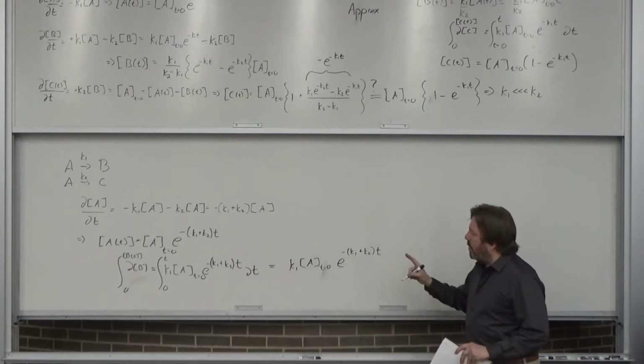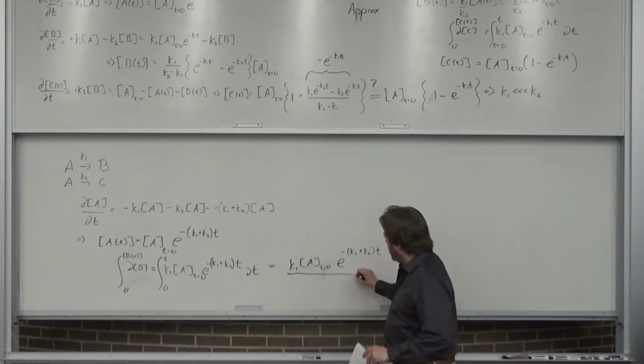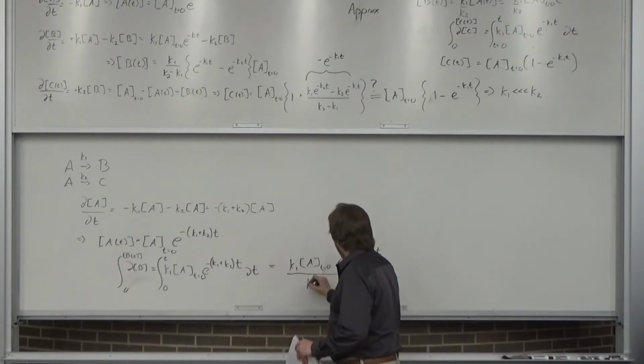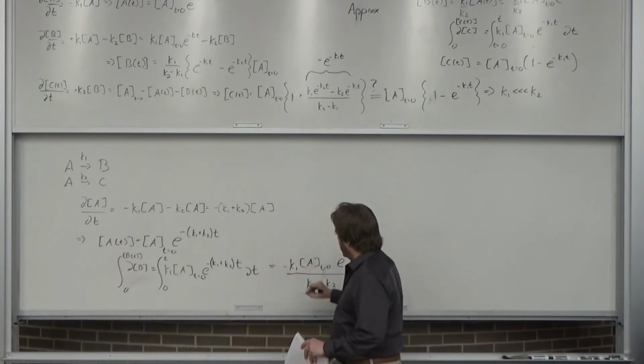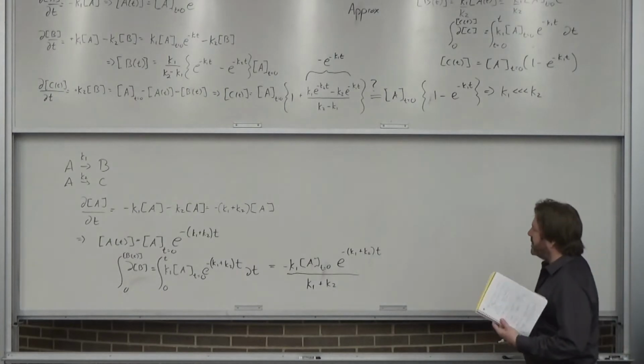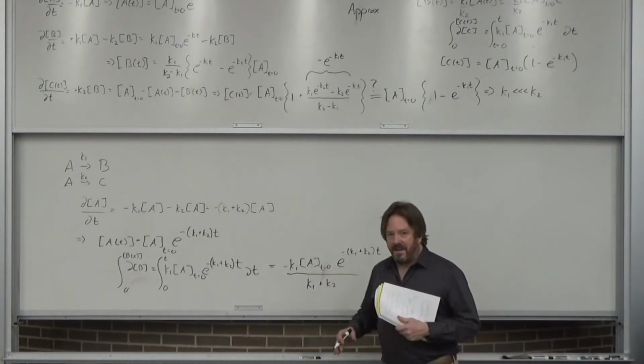Now, based on the identity that I very stupidly erased, you just divide by the constant, the minus a, and I'll put the minus sign out right there. And did I do that right? Yeah, I did that right. Okay. So I integrated it.